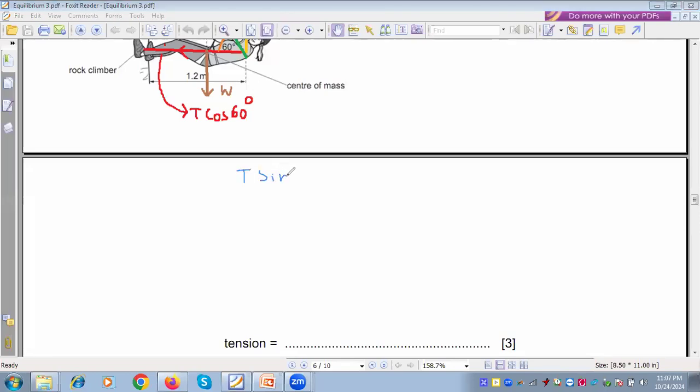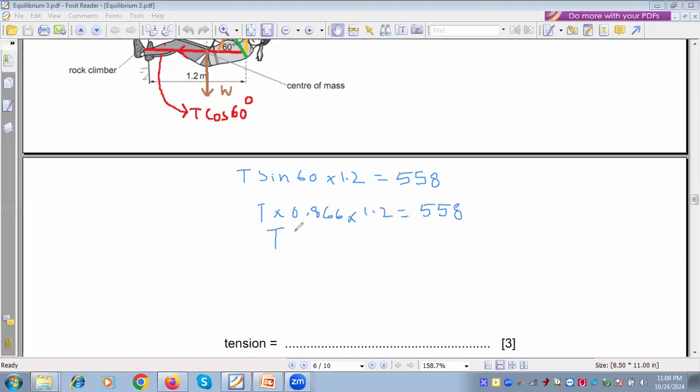T sine 60 into 1.2 equals 558. Sine 60 is 0.866, so T into 0.866 into 1.2 equals 558. 0.866 into 1.2 is 1.04.